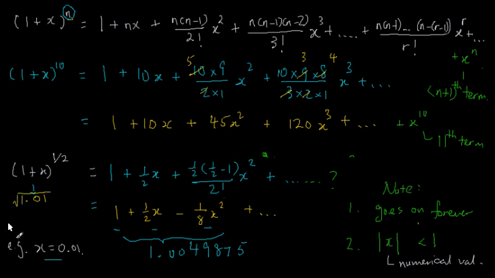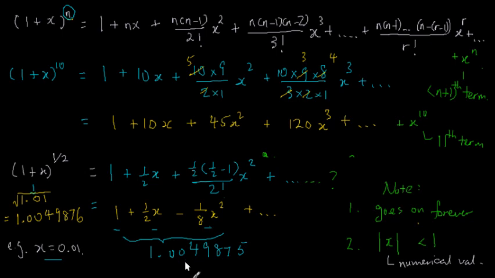And when I put this into my calculator, what I got was 1.0049876. So this is the exact value, or the accurate value, which I got by evaluating the power of half directly using my calculator.